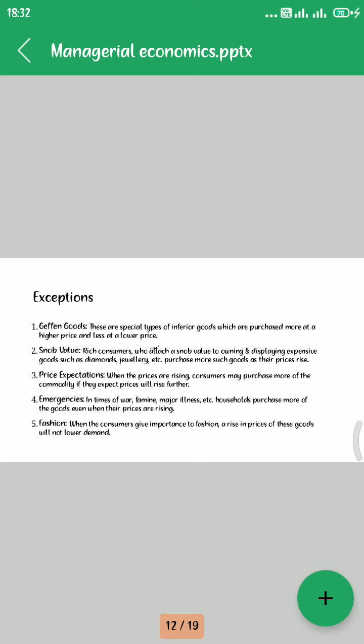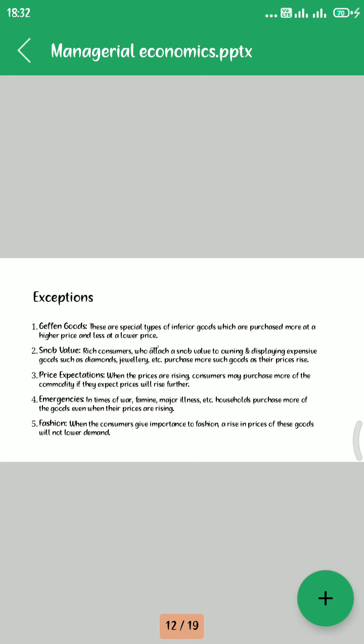Third, price expectations. When prices are rising, consumers may purchase more of the commodity if they expect the price to rise further in future. Fourth, emergency.